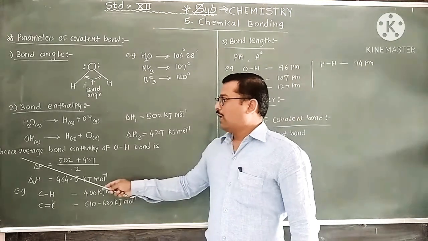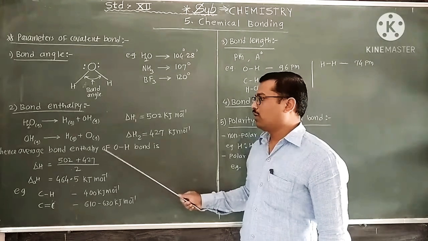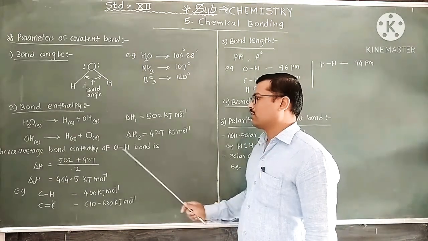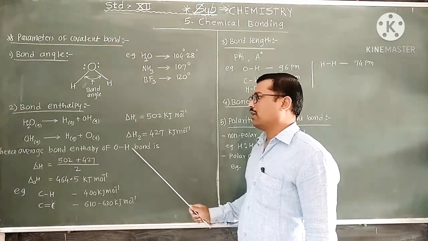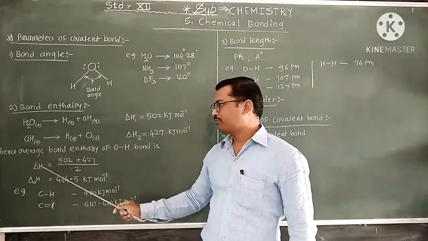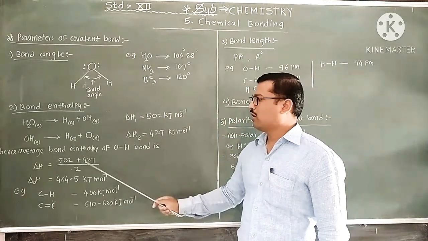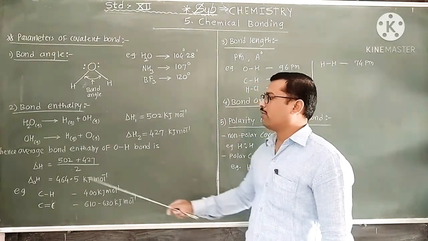Hence the average bond enthalpy of the OH bond is the average of the energies required to break the OH bond. Then how to calculate the average? Take an average: 502 plus 427 divided by 2.